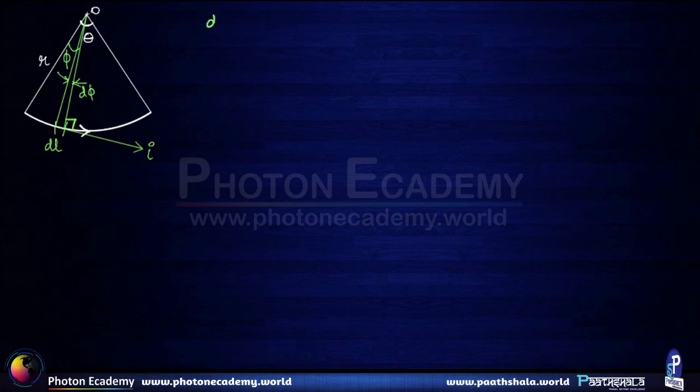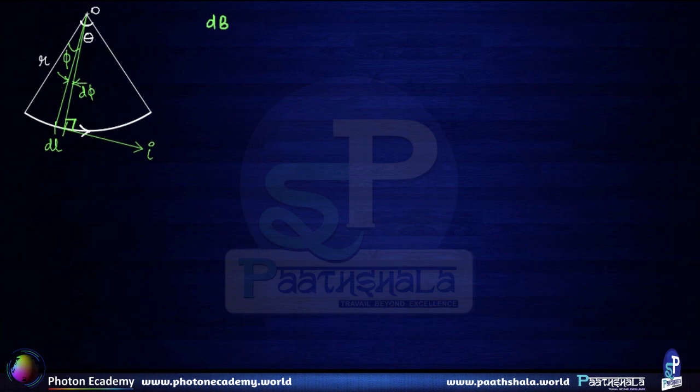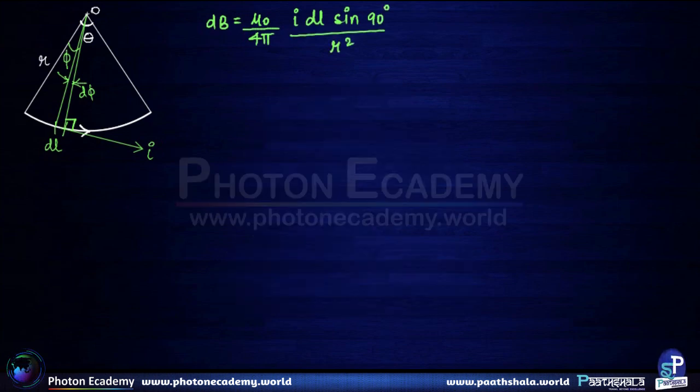So the magnetic field due to this element dl at point O will be given by mu naught upon 4 pi into idl sin 90 degrees divided by r square, which will be mu naught I dl upon 4 pi r square.